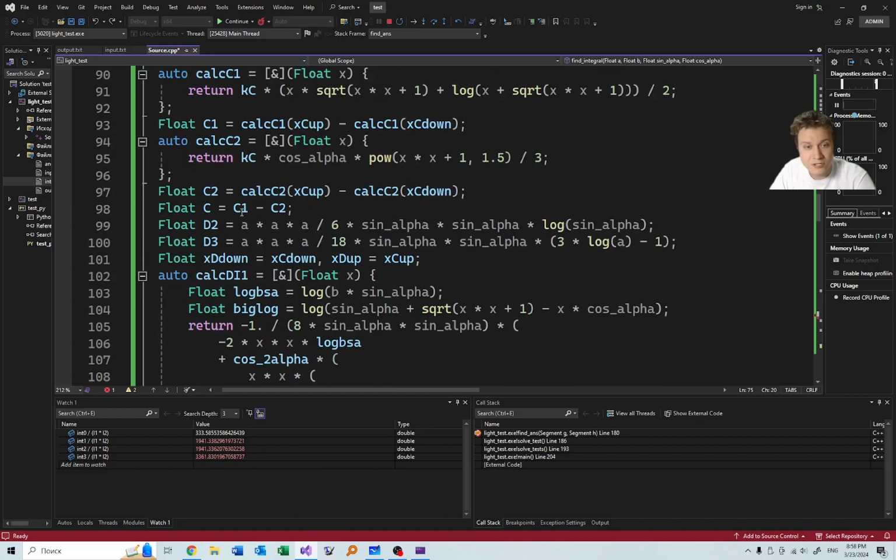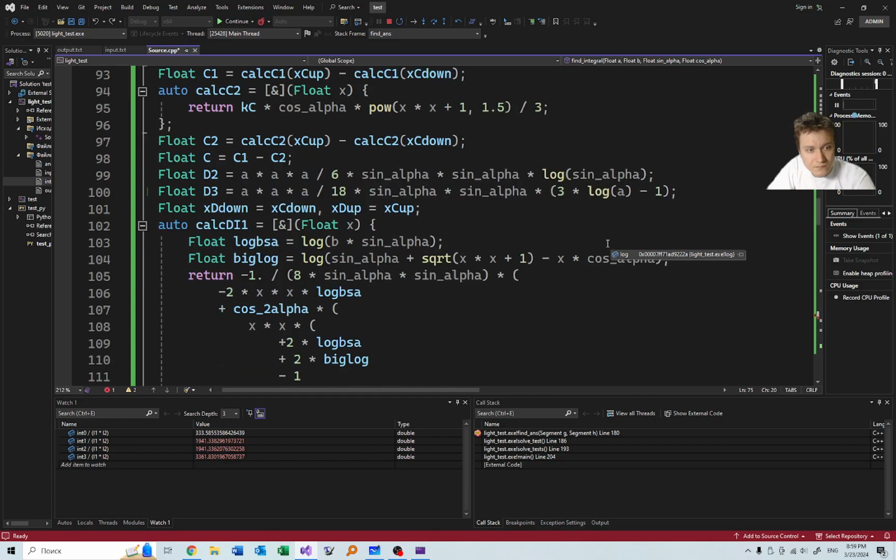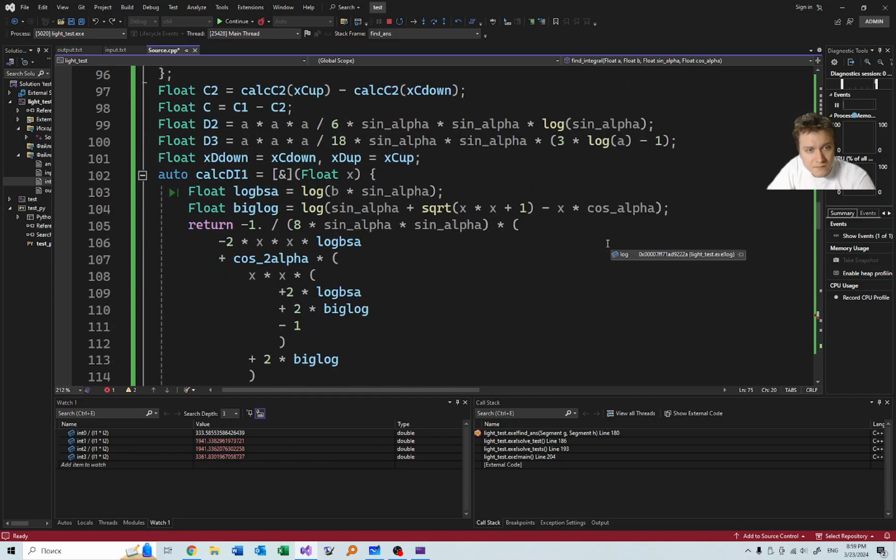Do I really want to recheck all my solution everywhere, all possible places of doing something incorrectly? It's not something that you'd like to do, is it?